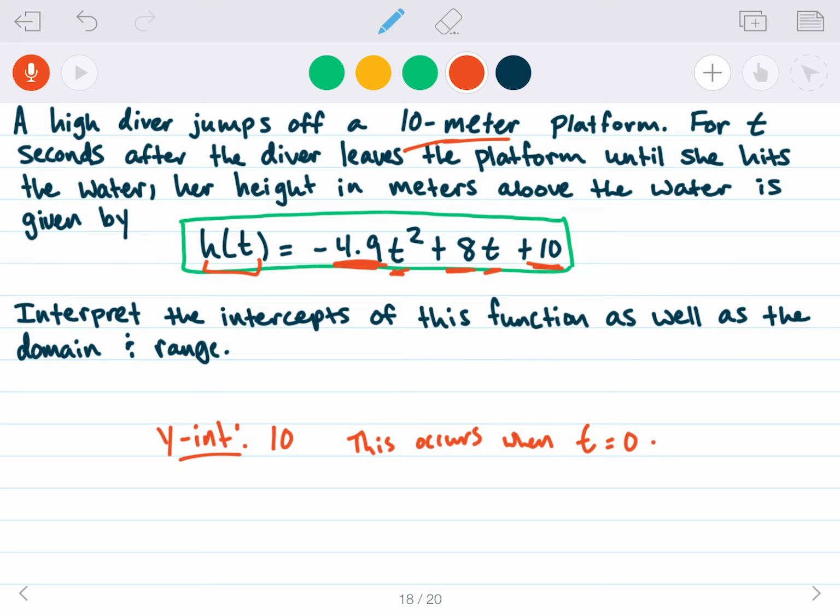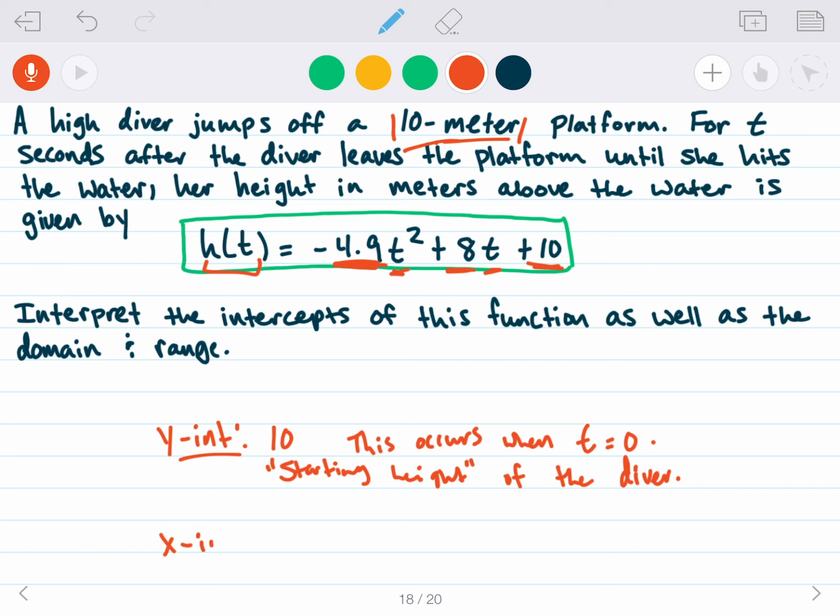And so what we can conclude here is that that's the starting height of the diver, right? The 10-meter platform. This is the starting height of the diver. So that's the real world implication here of the y-intercept.